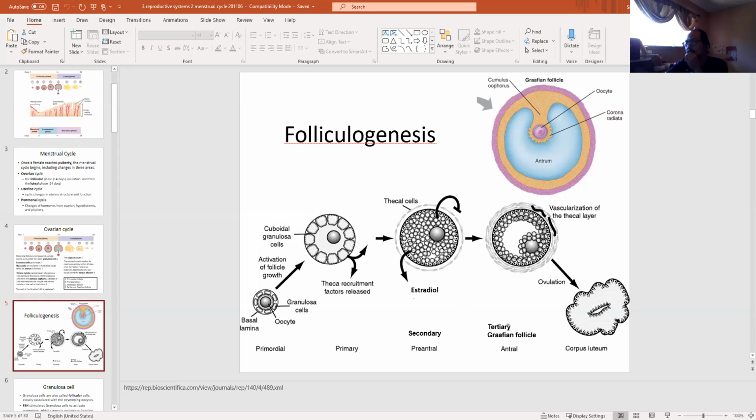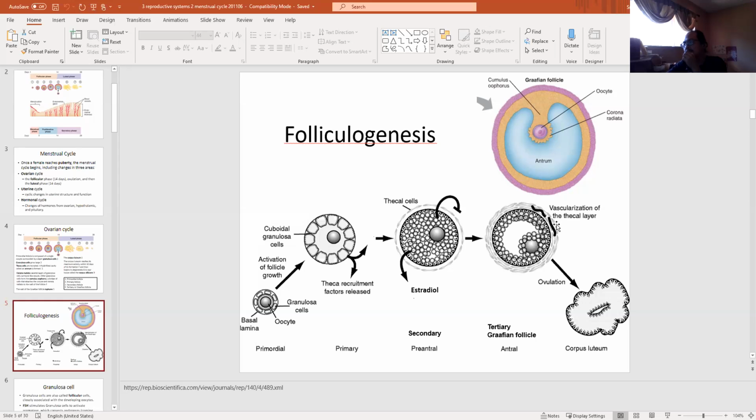Now the tertiary is the one where the antrum almost covers, but not entirely, leaving some granulosa cells circulating the primary oocyte. This is called the corona radiata, and this connecting portion is called the cumulus oophorus. In addition, these follicles get larger and bigger.